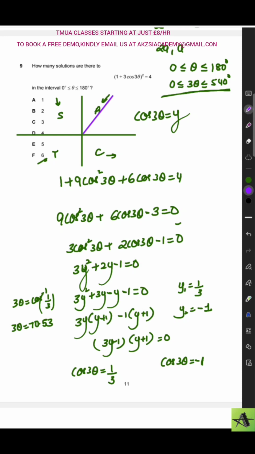As I mentioned, it's the fourth quadrant and the first quadrant where cosine is positive. So one value is clearly 70.53, and this value is definitely 360 minus 70.53, which is 289.47.